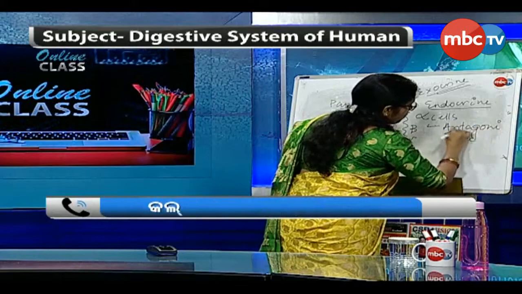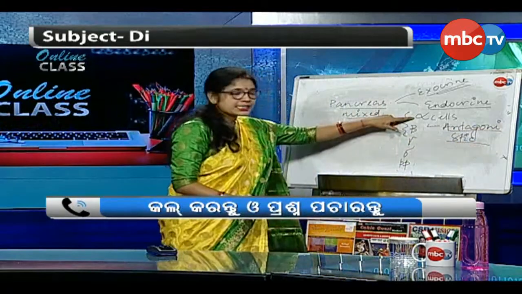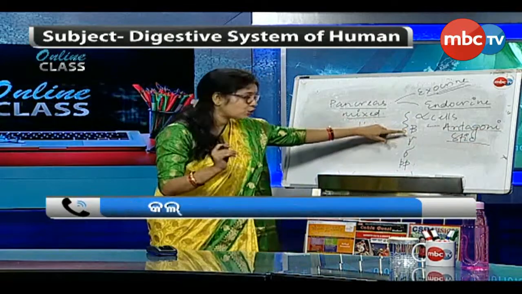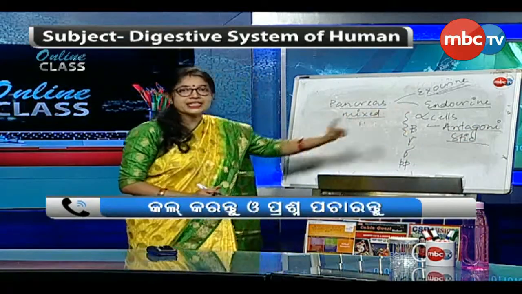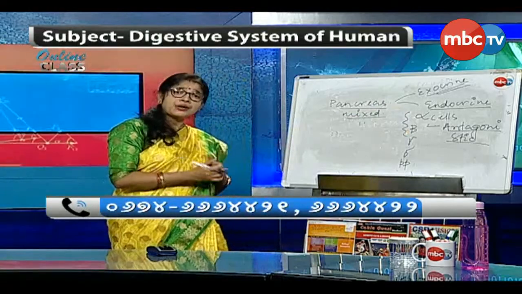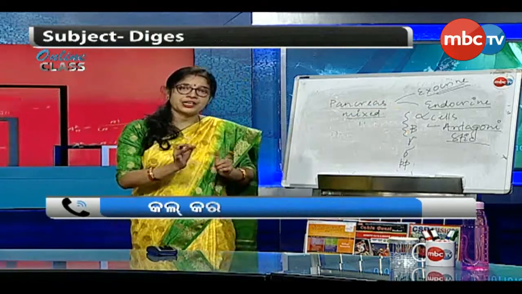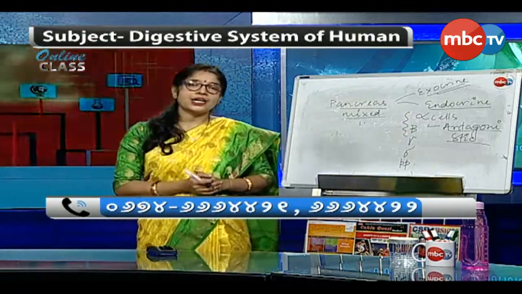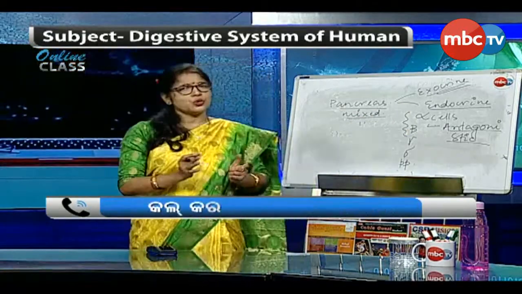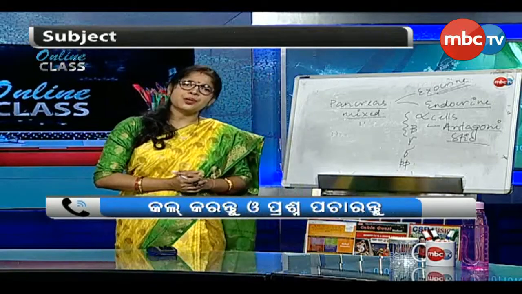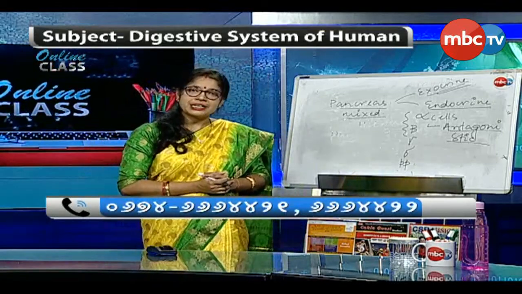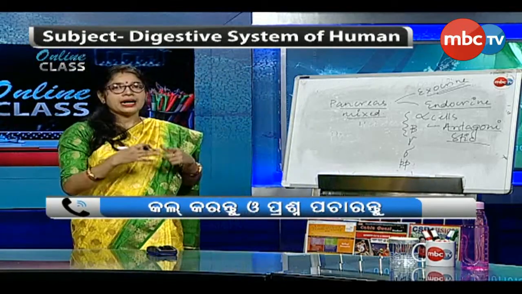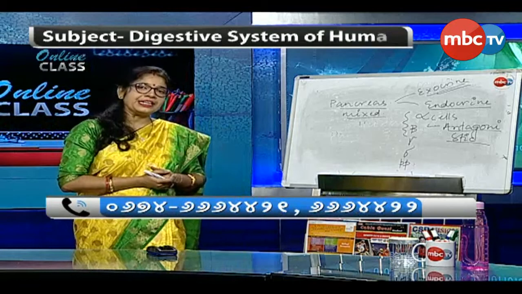Antagonistic means opposite. The alpha cells which secrete glucagon and the beta cells which secrete insulin are opposite in their mode of action. How are they opposite? Because in the deficiency of insulin, there occurs diabetes mellitus. What will happen when a person suffers from diabetes mellitus? Gradually the sugar level within the blood and the urine is found to be increased.